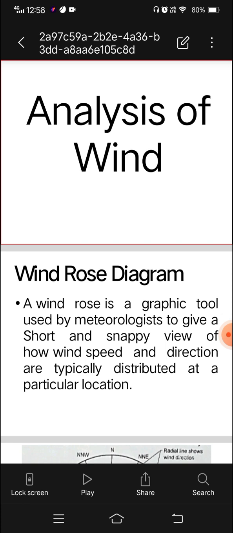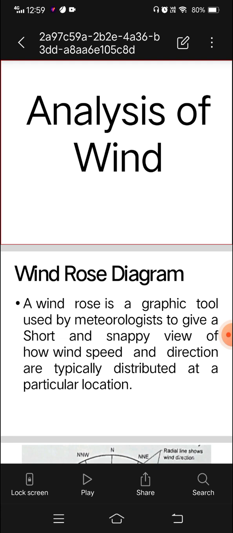In the type 1 Windrose diagram, there are radial lines which indicate the wind direction and circles which indicate the duration of wind. Whereas in the type 2 Windrose diagram, for direction, duration and intensity, concentric circles are drawn for the given wind velocity, and from 0 we can draw 16 radial lines with the recorded data.